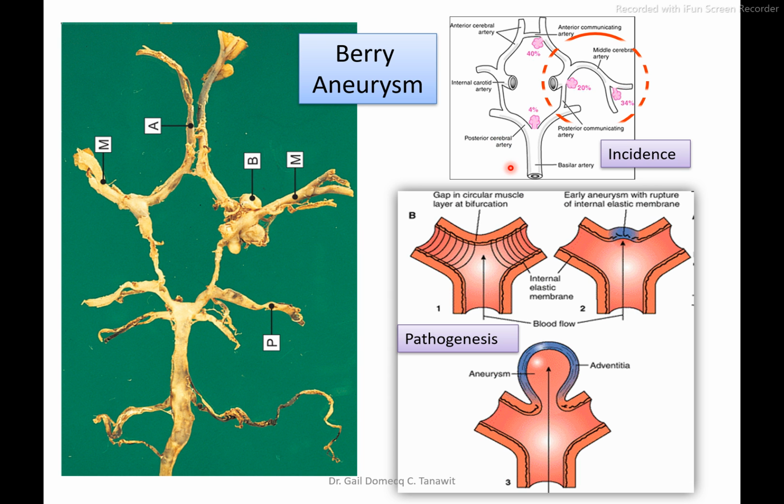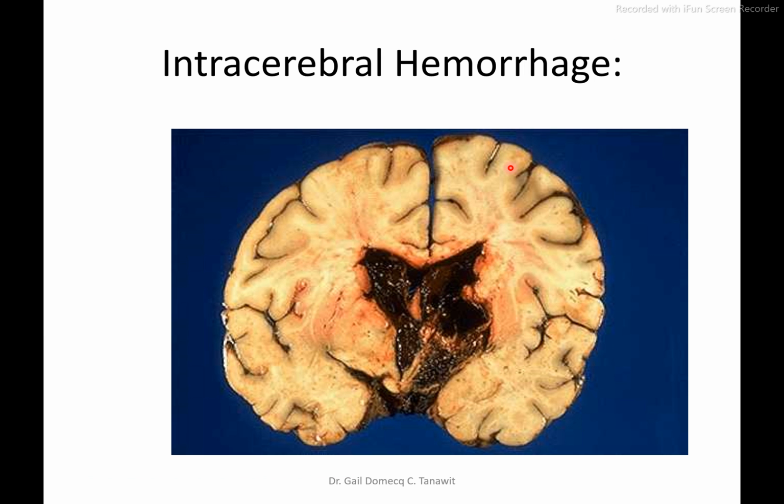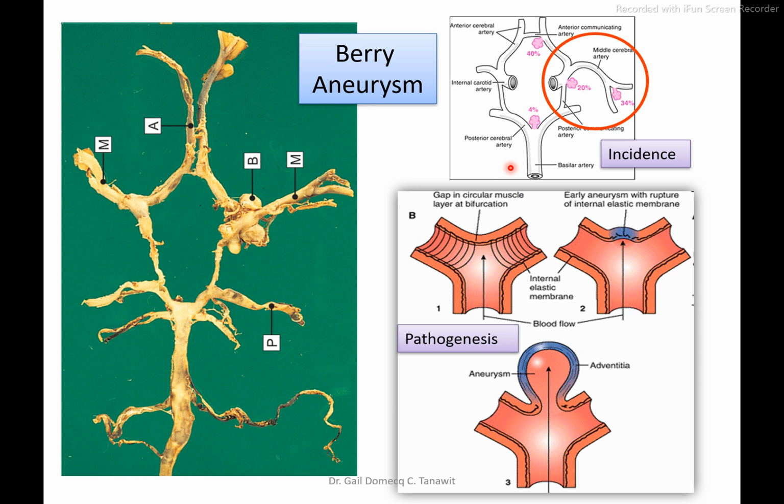Okay. So saan common magkaroon ng berry? So as you can see in here, common sila dito, 40% sa anterior communicating artery.